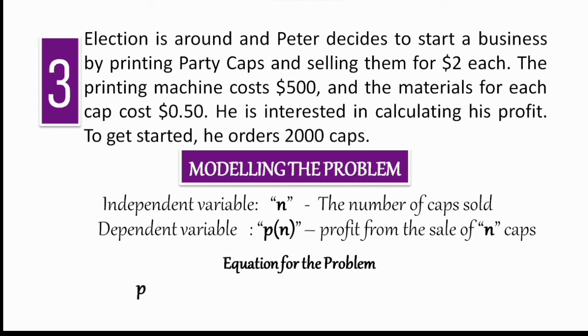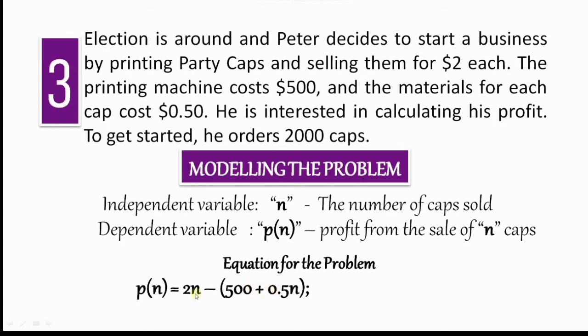Okay, so our equation now will be P of N, which is the profit, equals the total sale, which is $2.50 times the number of caps sold, minus the total expenditure, which is $500 plus 50 cents times the number of caps that was bought.